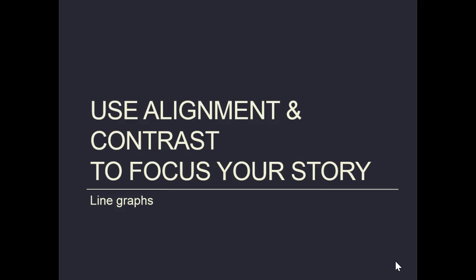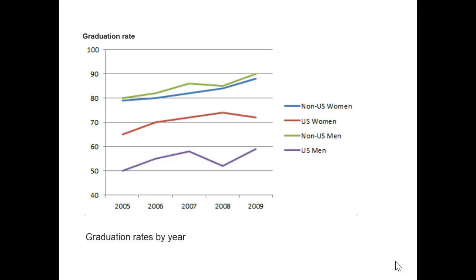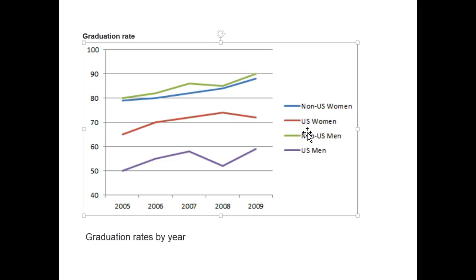Same thing with a line graph. We can use alignment and contrast to focus the story. So here, what's the story? A little bit hard to tell. I guess maybe the first thing I focus on is, what's this green line right here? It's non-U.S. men. Now you see that I have to do a little bit of work to move from the graph to the interpretation.